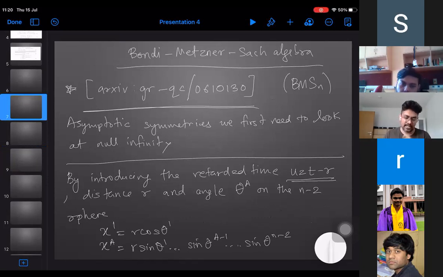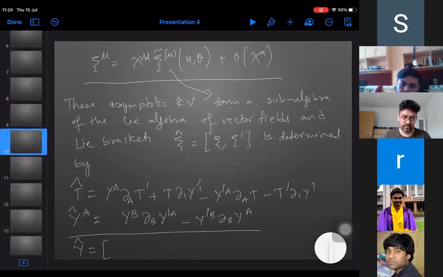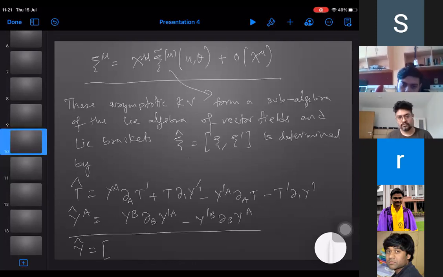If you want, I can write them. The reason I was asking is that in the asymptotic symmetry literature, people often use different boundary conditions, and depending on that you get different results.